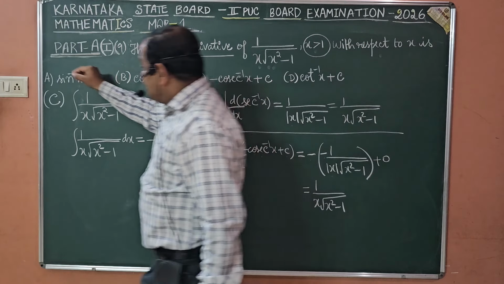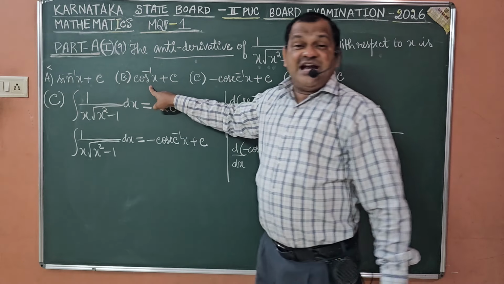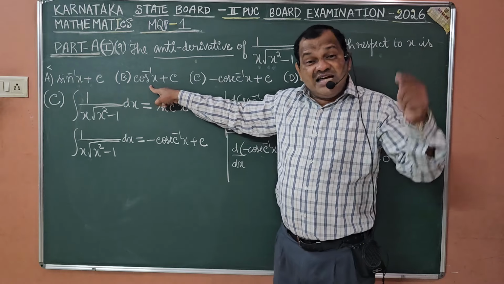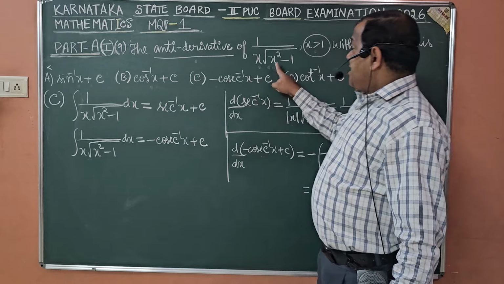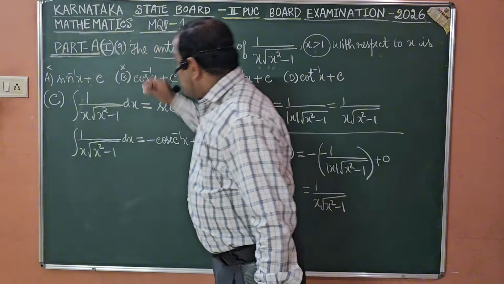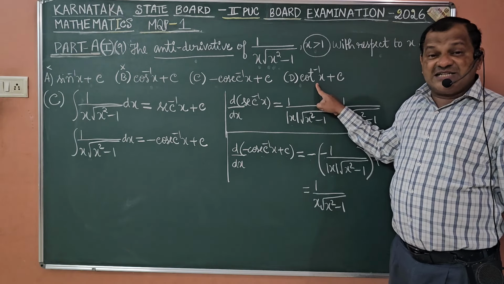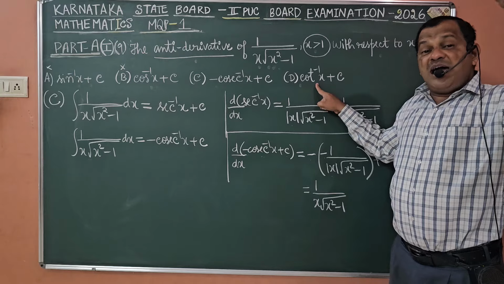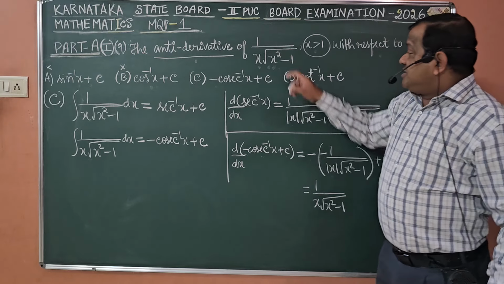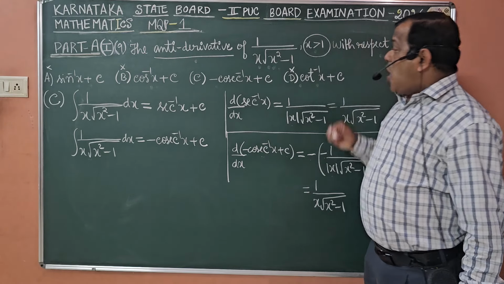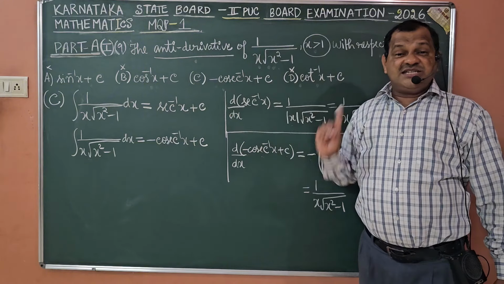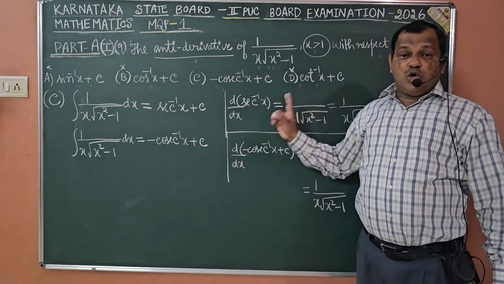Therefore, the first option is not correct. Differentiate cos inverse x: minus 1 by root 1 minus x square, not this. This option is also wrong. Look at the fourth option, D. Differentiate cot inverse x. The answer is minus 1 by 1 plus x square, not this. Therefore, the fourth option is also wrong. Hence, the third option is correct. Therefore, kindly go through.